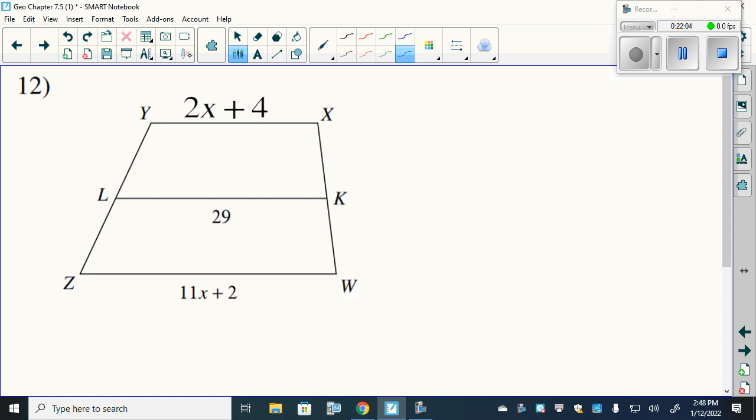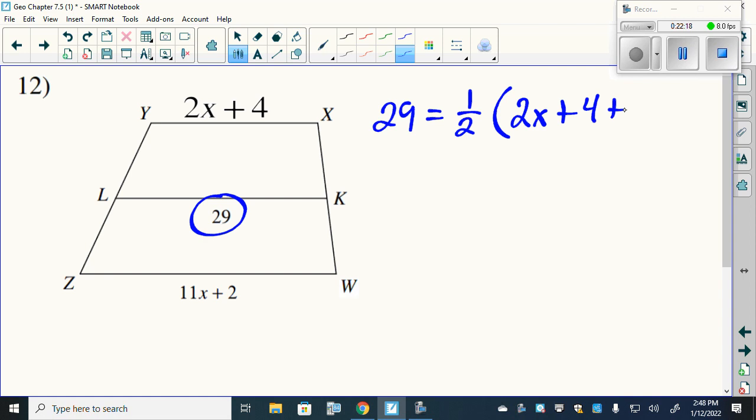Half of 11x plus 2 becomes 2. So the mid-segment is what? So we're saying that the mid-segment's length is equal to 1/2 times 2x plus 4 plus 11x plus 2. Because this is just the equation for mid-segment. Now we can add like terms to start with.